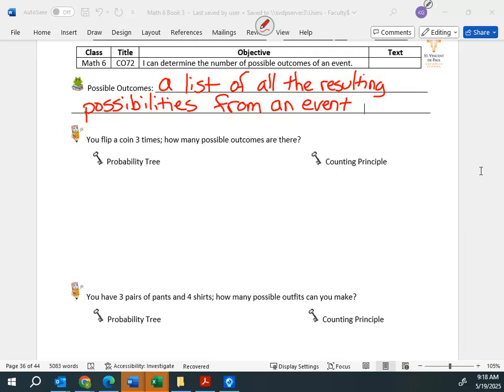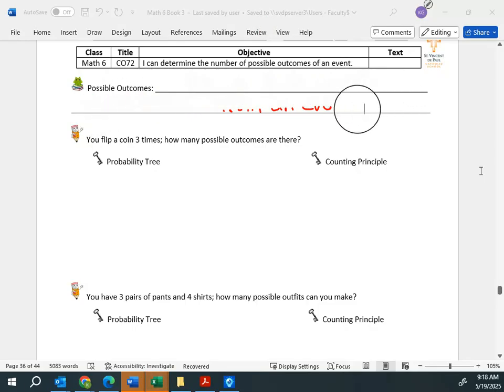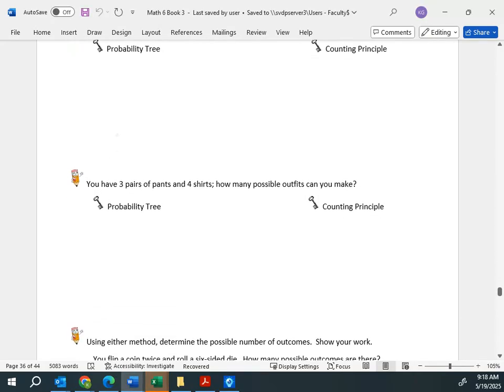Okay. So we're going to look at what are possible outcomes we could have all together. So there are 2 different ways we can do this. The first way is using a probability tree. We're going to look at probability trees and then we'll go back and look at the counting principle.